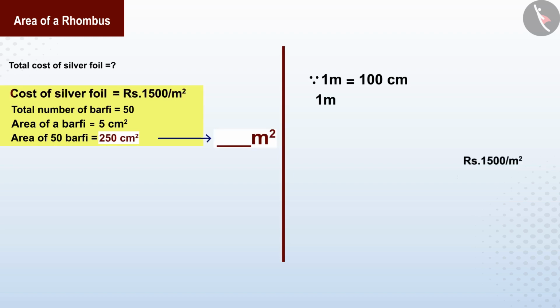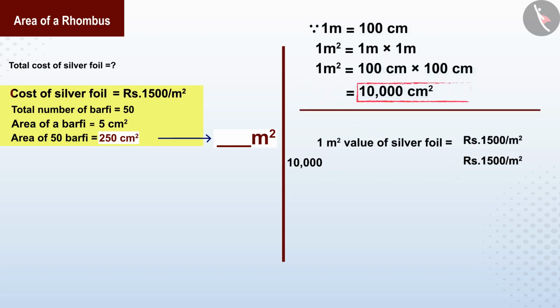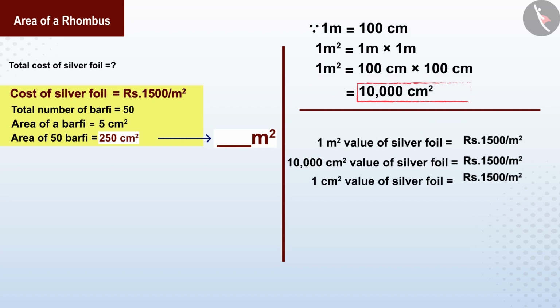Therefore, 1 square meter will contain 10,000 square centimeters. Therefore, the cost of 10,000 square centimeters of silver foil is 1500 rupees. So, the value of 1 square centimeter would be 1500 divided by 10,000, which is 15 paise.